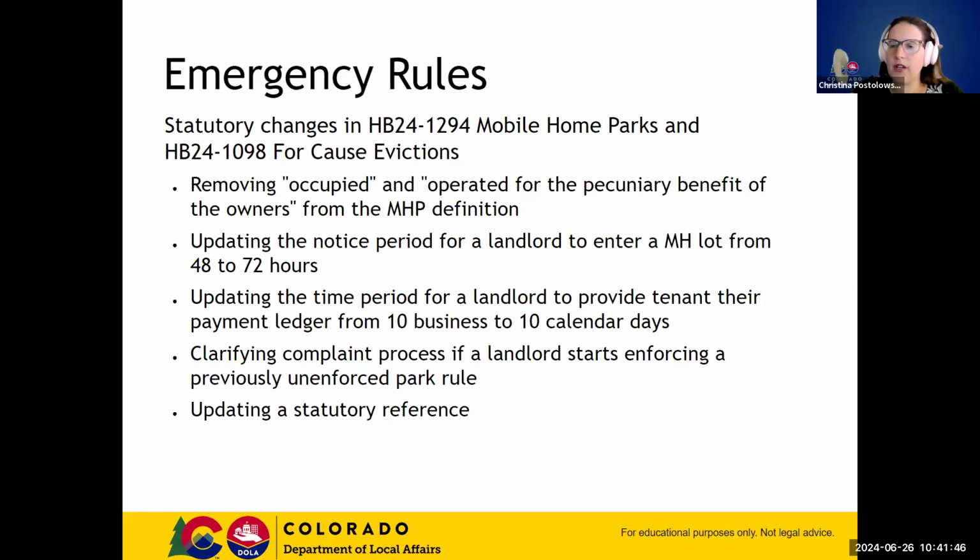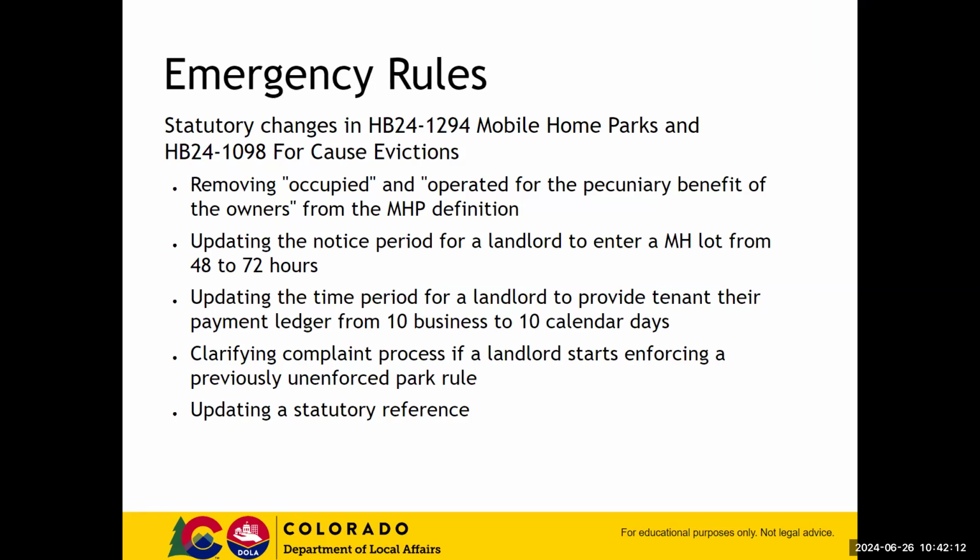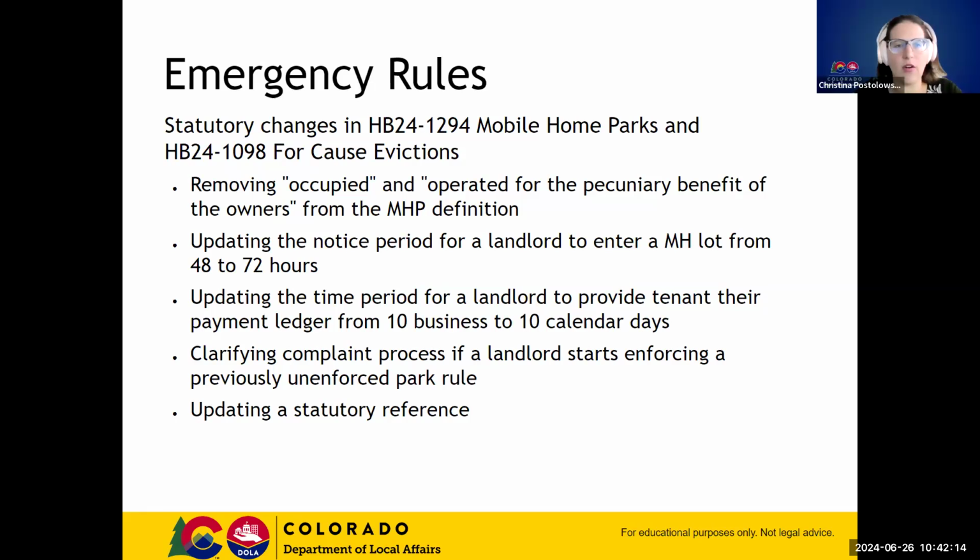Question about guidance on what residents need to do to qualify as a resident organization to whom a selling landlord must respond for opportunity to purchase purposes. What the statute currently says is that the group of homeowners has to have the approval of 51% of homeowners in the community to make the offer to purchase.